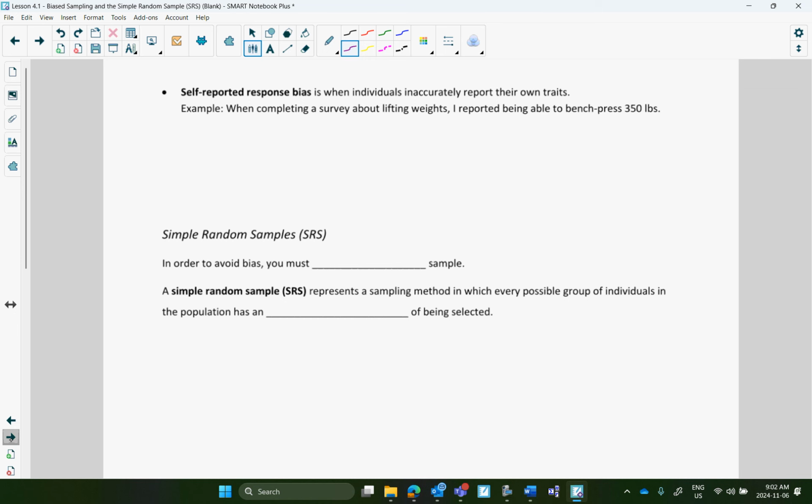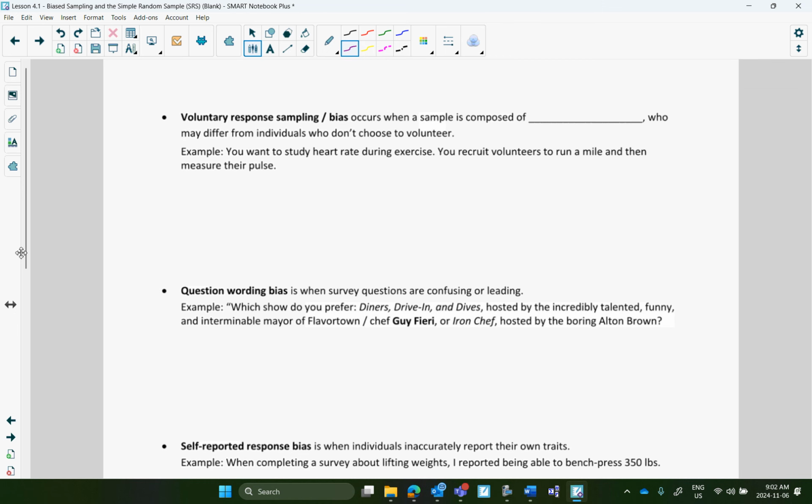Another, voluntary response. This is when you just send something out and hope that enough people respond. It's up to them whether they want to respond. So really, the one with the Rogers State University was a voluntary sampling because they had the choice whether they wanted to respond or not.